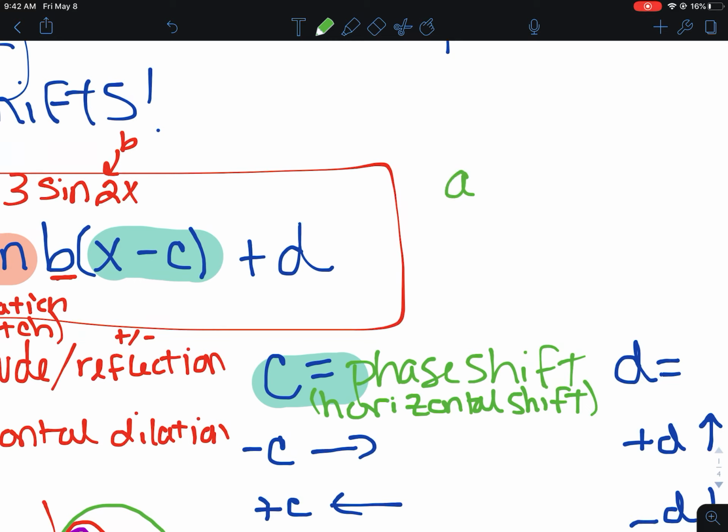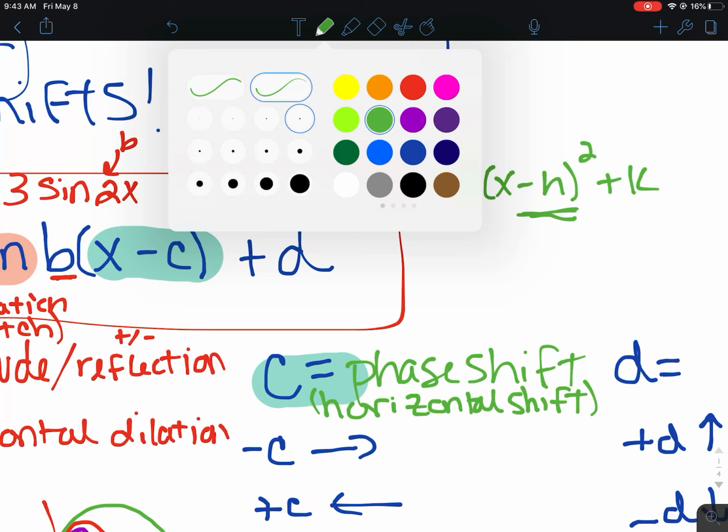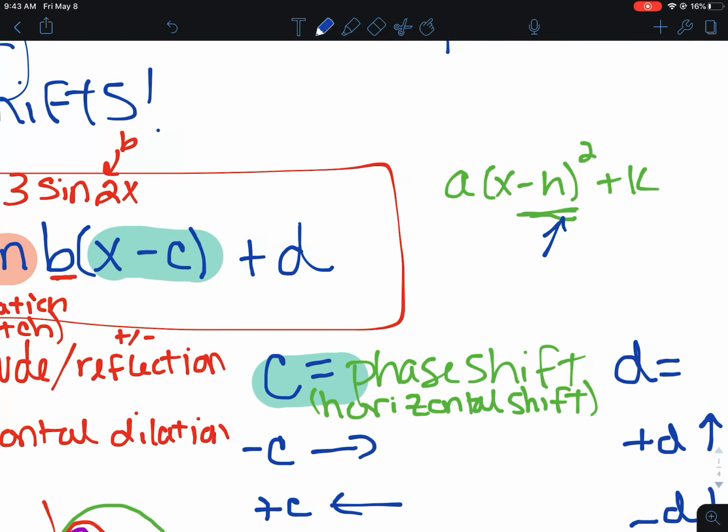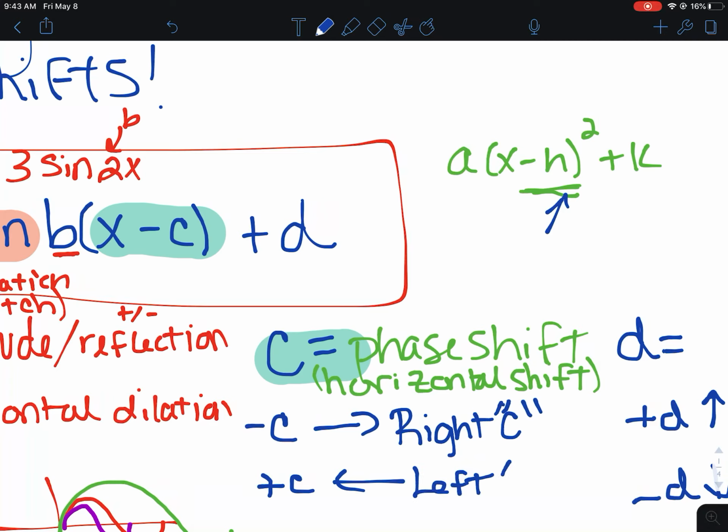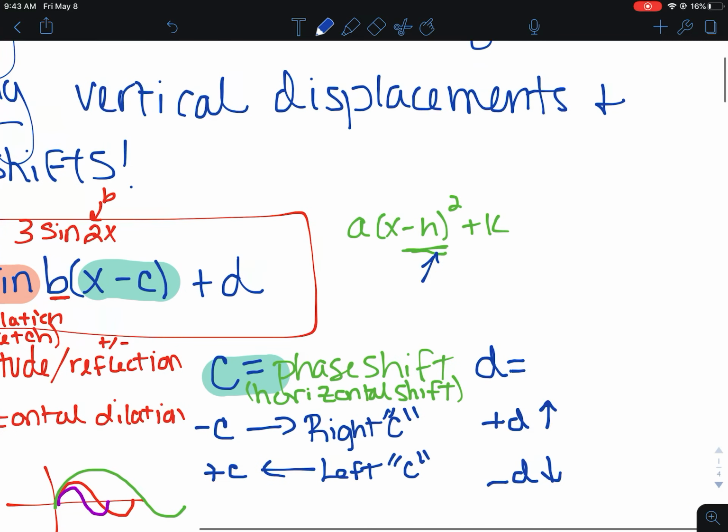And just like with any other of our functions, just like when we had a x minus h squared plus k, this piece in here, we use it to shift the graph left and right, and it's always the opposite sign. So if you see a negative value in here, minus c, it's really going to the right c spaces. If you see a plus c, it's really going to the left c spaces, okay?